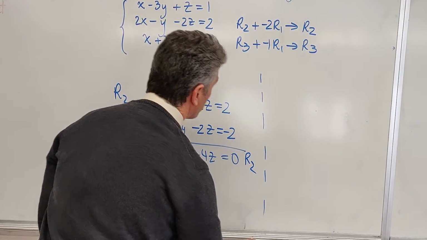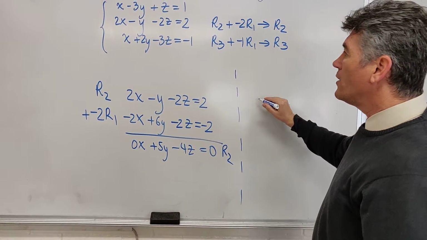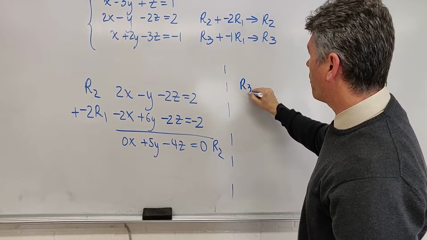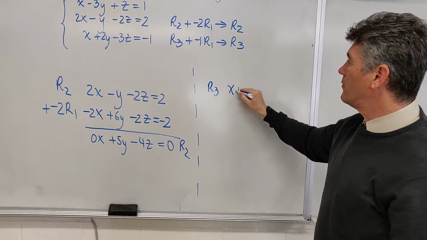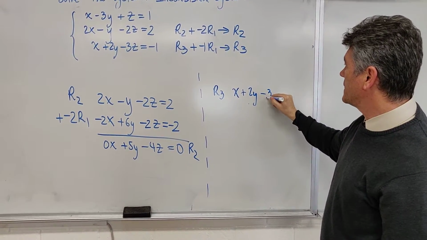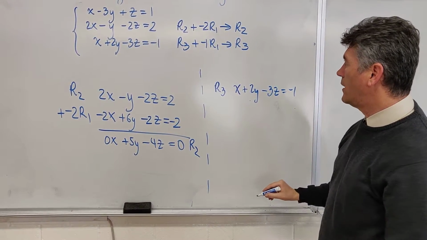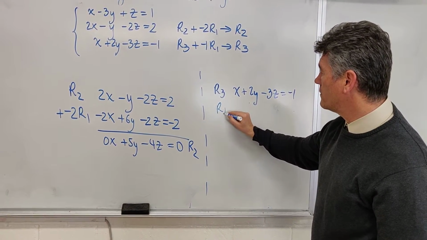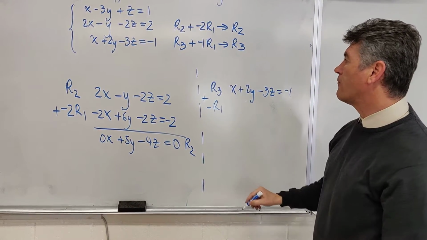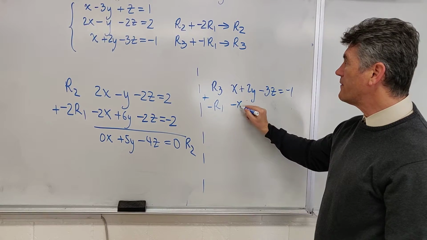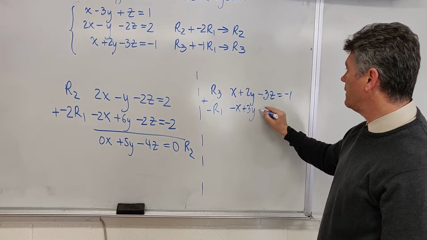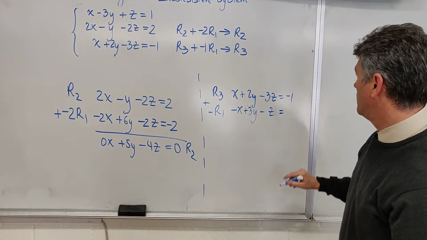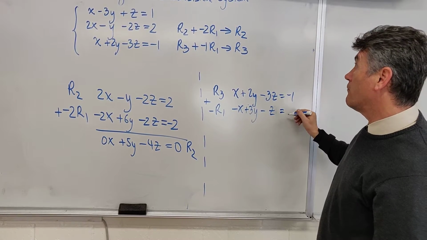Let's find our new row 3. New row 3, we're going to do row 3 plus the opposite of row 1. So row 3, x plus 2y minus 3z is equal to negative 1, plus negative 1 times row 1, the opposite of x plus 3y minus z is equal to negative 1.